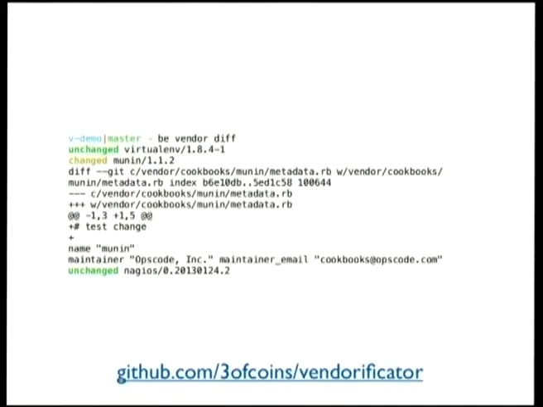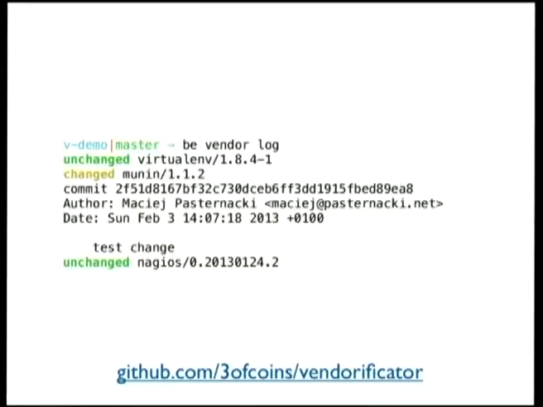I can see what exactly I have changed, how exactly I have diverged from upstream. I can view the same as a git log of changes that are on my branch but are not on the pristine branch. And this is also good to review and keep track of your local updates, of your local patches.